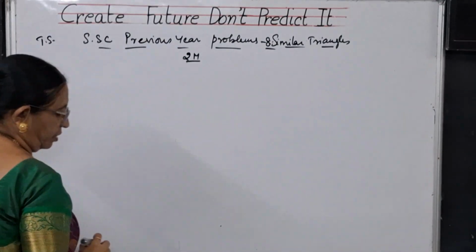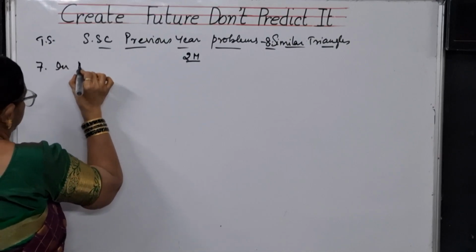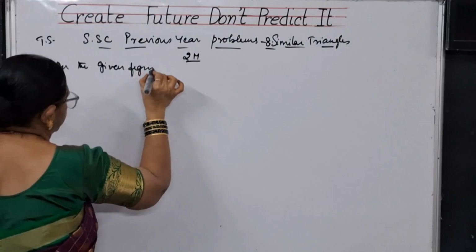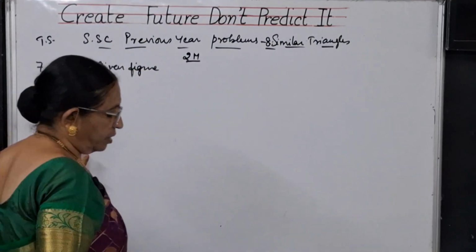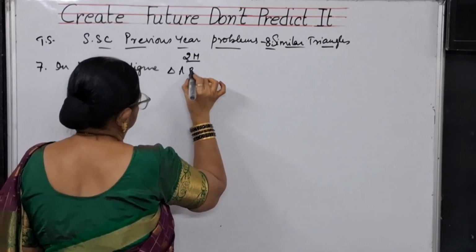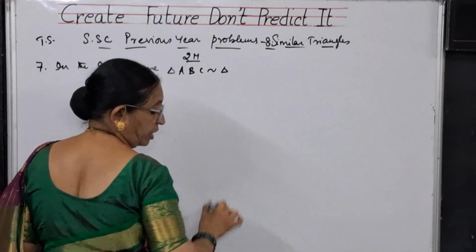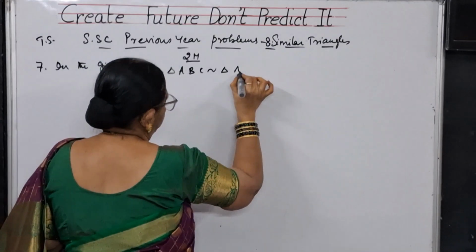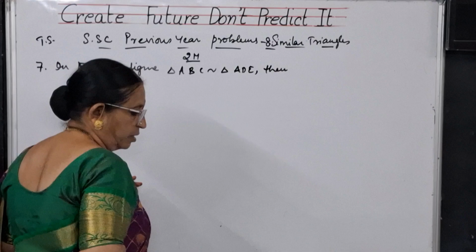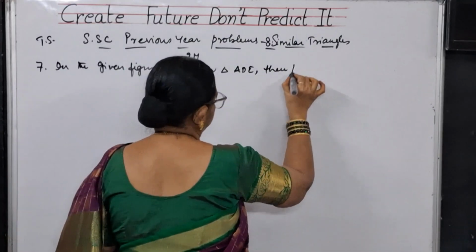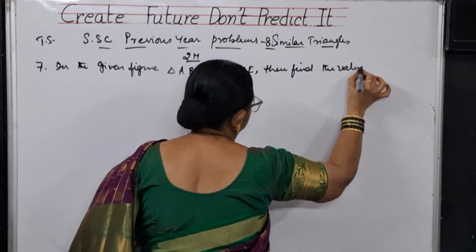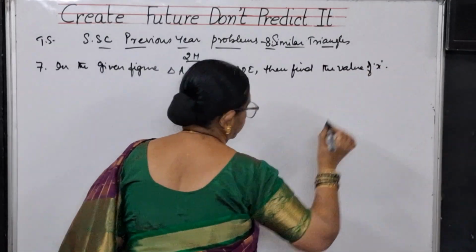In the given figure, triangle ABC is similar to triangle ADE. Then find the value of x.